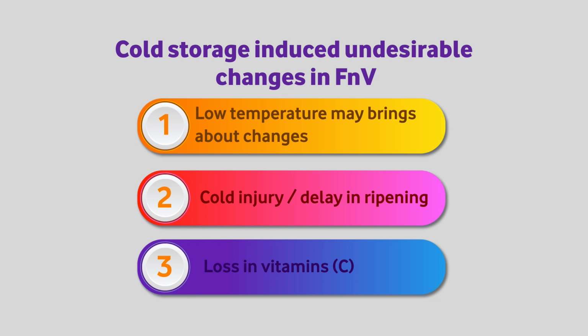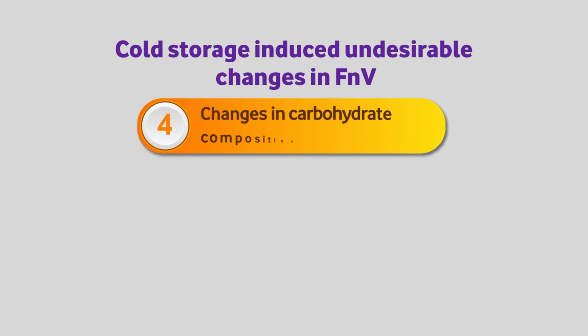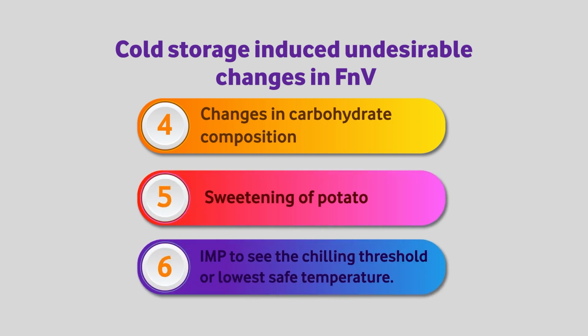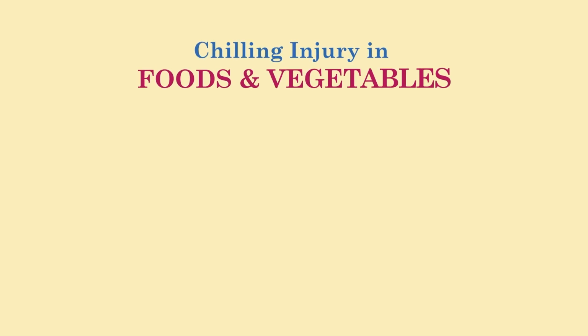Learners must have observed sweetening of the potatoes immediately after cold storage. If the potato lot is taken off from cold storage, it gives a sweeter taste. And here it is important to see that the chilling threshold, or the lowest safe temperature, has to be worked out for each of the commodities, if we want to minimize these undesirable changes and address these challenges.